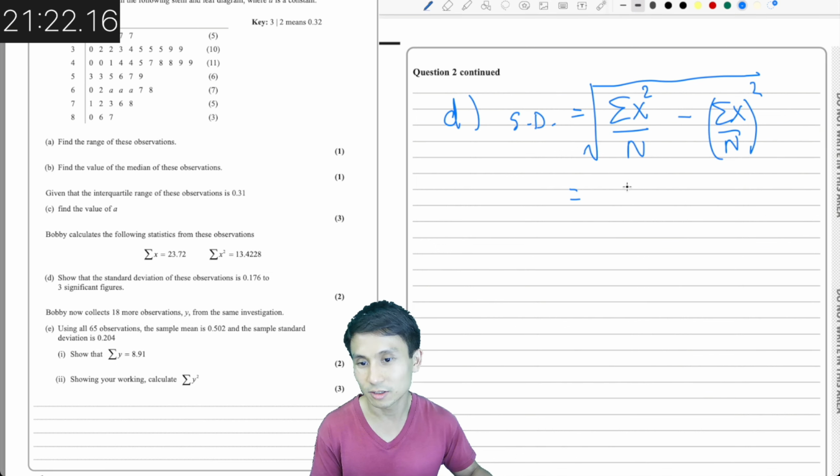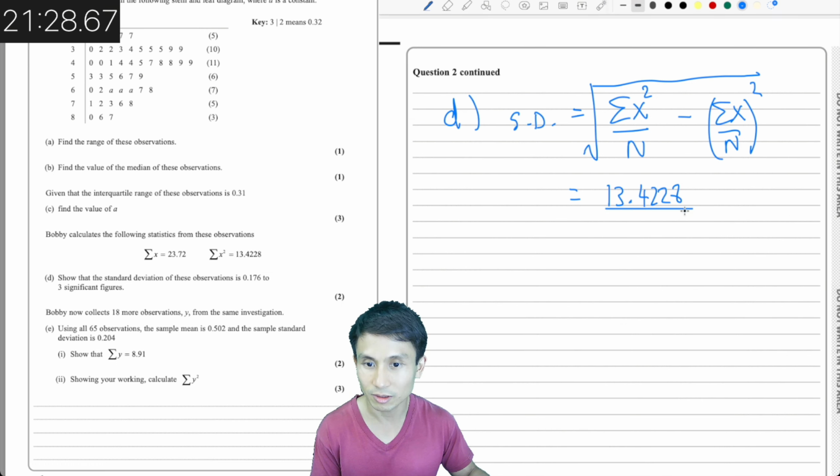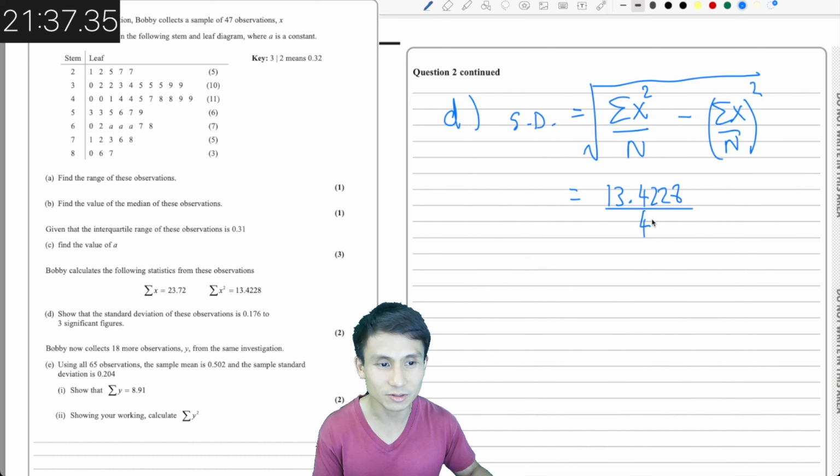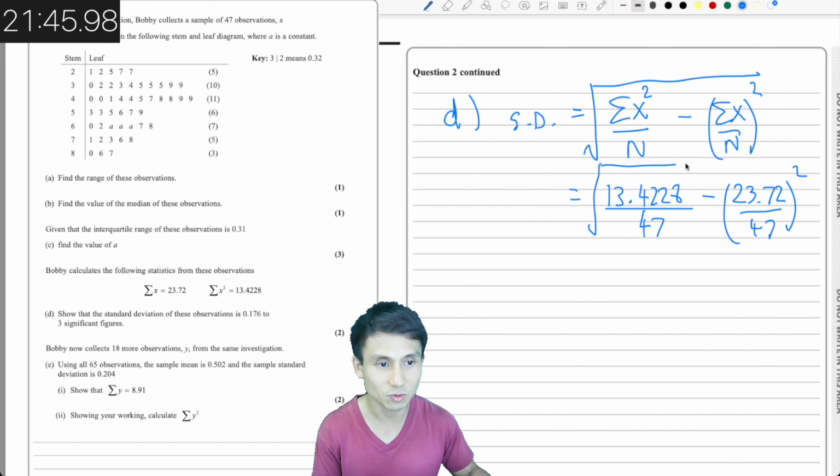We already have the sum of x squared, and n would be 47 here because it's still the same data. Minus sigma x, which is 23.72 over 47, and then we square this. And then we square root all that.